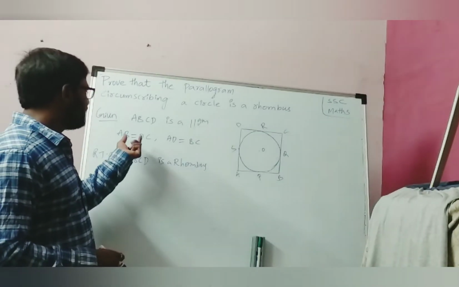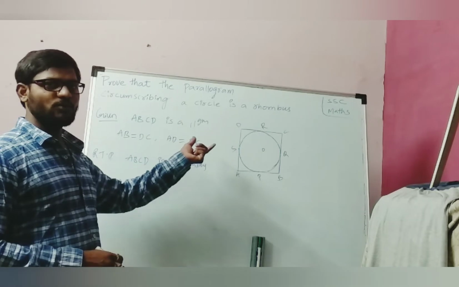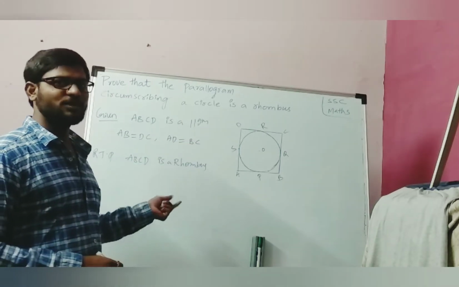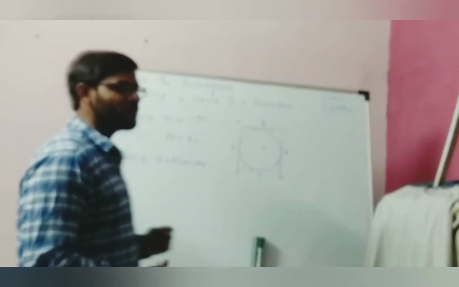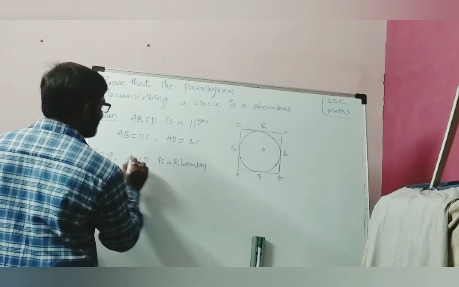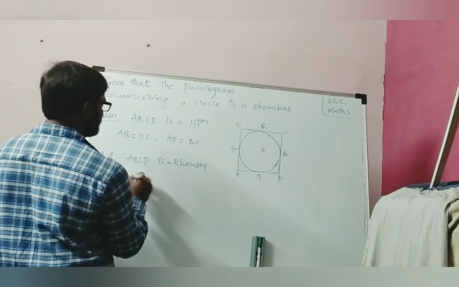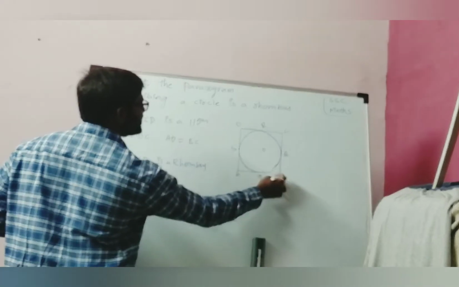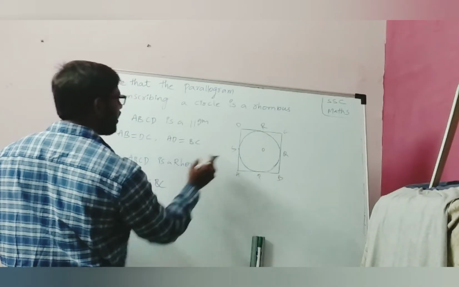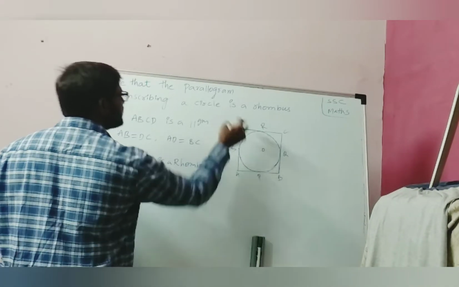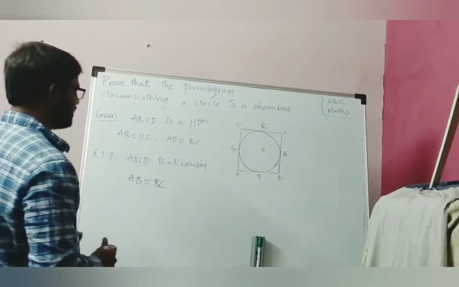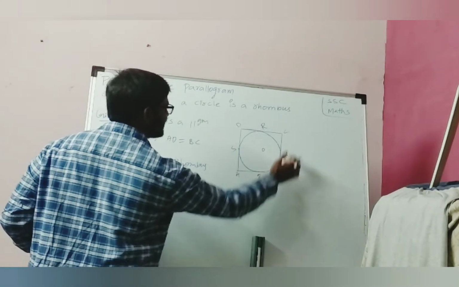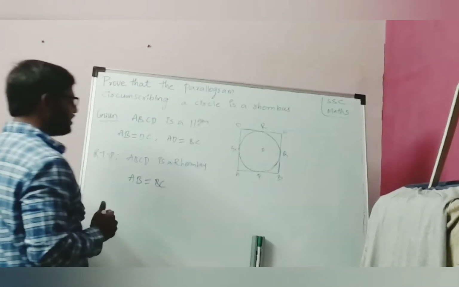So to prove ABCD is a rhombus, we have to prove adjacent sides are also equal. Either AB is equal to BC or AB is equal to AD. Anything we can prove.